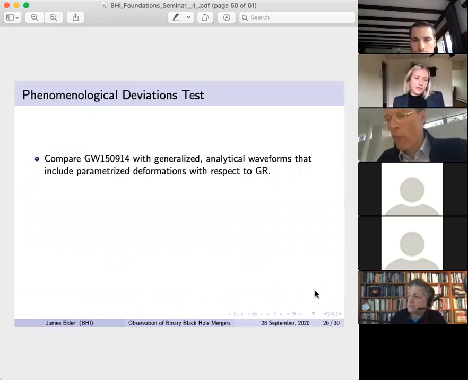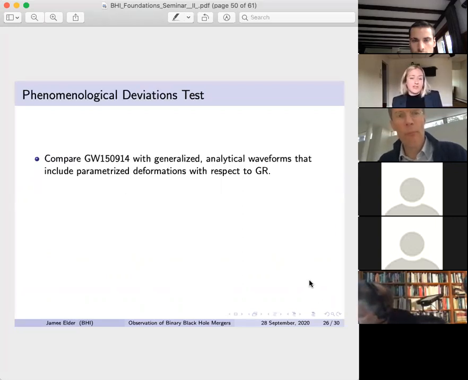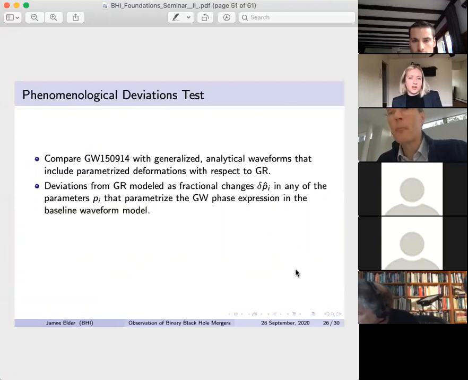So the phenomenological deviations test basically involves altering the templates. So, for example, take GW150914 and the template that actually extracted the signal for that, and compare that with a generalized set of analytic waveforms that include parameterized deformations with respect to GR.